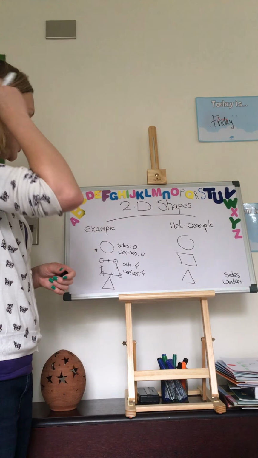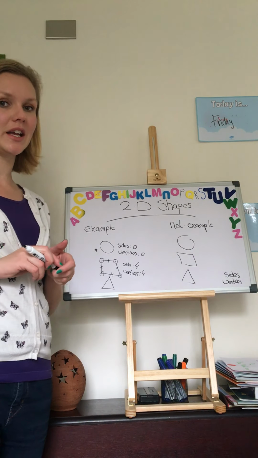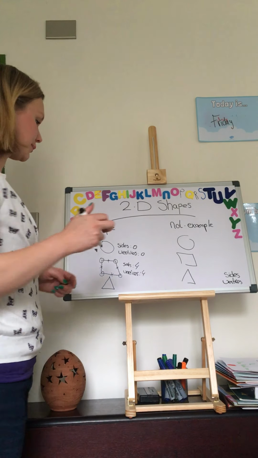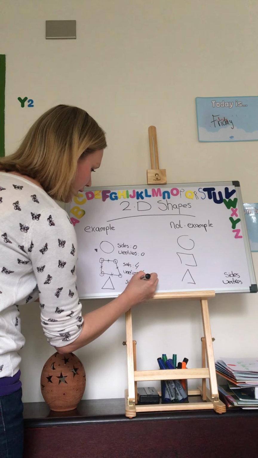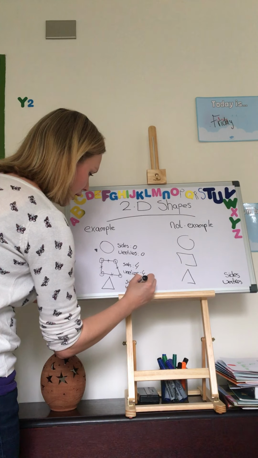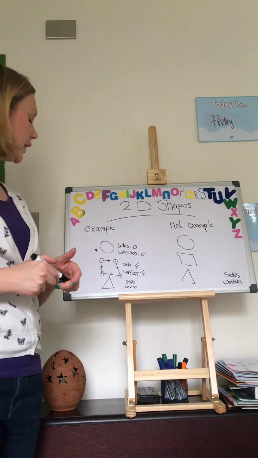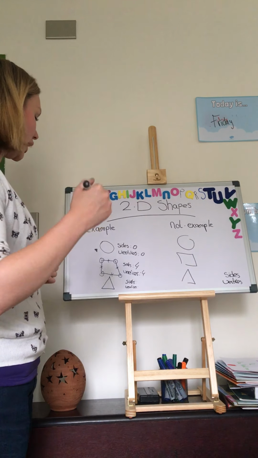Okay. What about the triangle? How many sides do you think the triangle has? Let's count, yeah? Oh, it's a bit small. I will put the camera a bit closer in a bit. So how many sides does the triangle have?